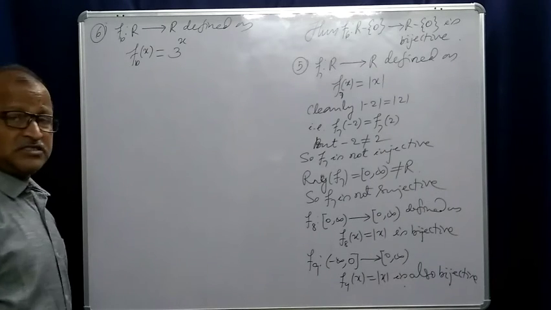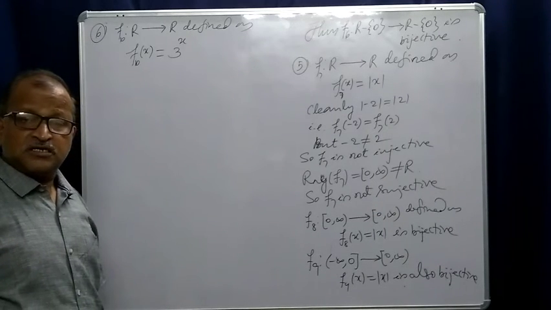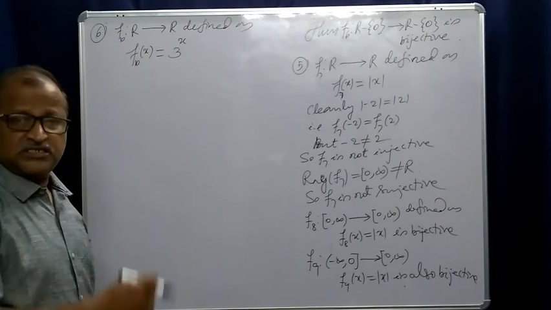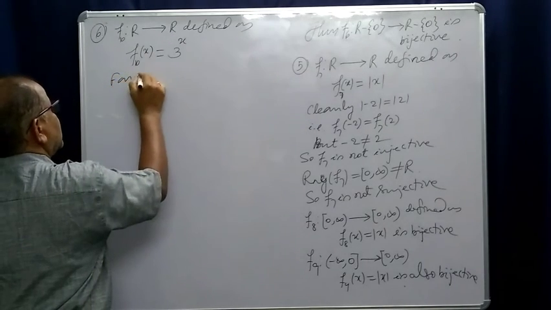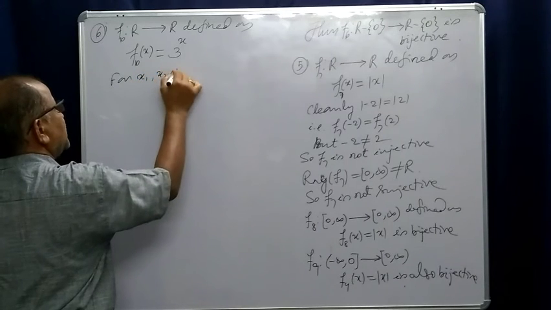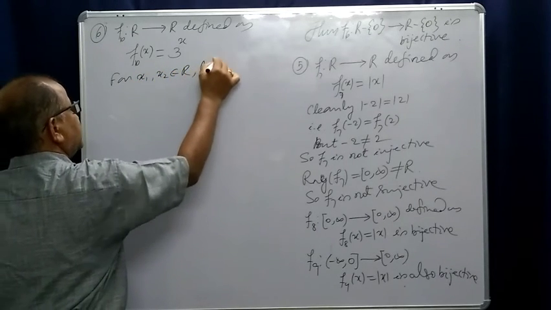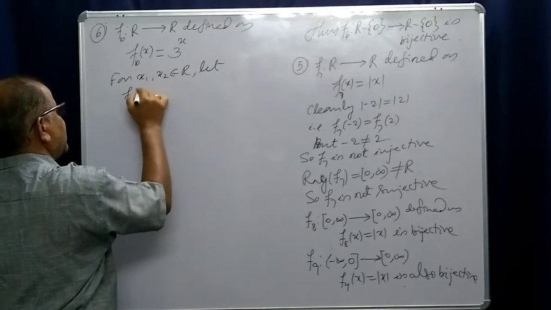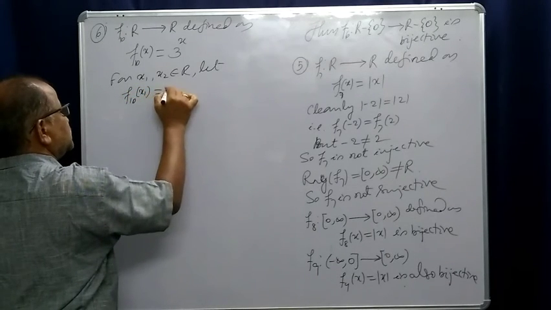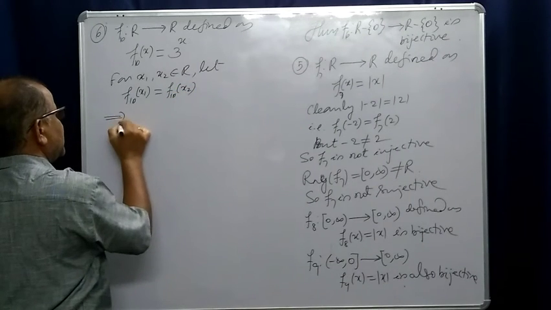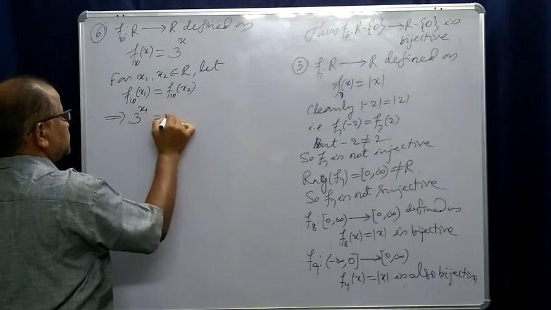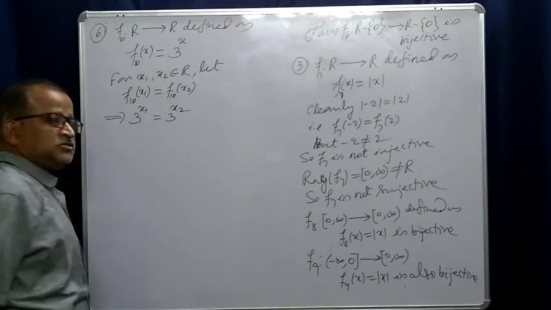Let us test whether it is injective or not. For x1, x2 belonging to R, let f10(x1) is equal to f10(x2). This implies 3 to the power x1 is equal to 3 to the power x2.